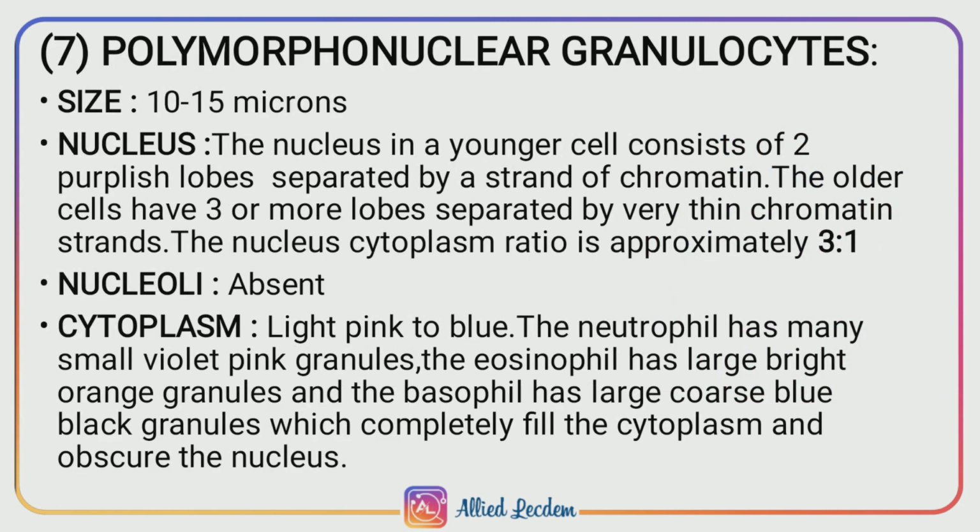Polymorphonuclear granulocytes. It is the final and matured stage of granulocytes. So here the cell's size ranges from 10 to 15 microns, and the nucleus that is present in younger cells is purple in color, and it consists of two lobes.